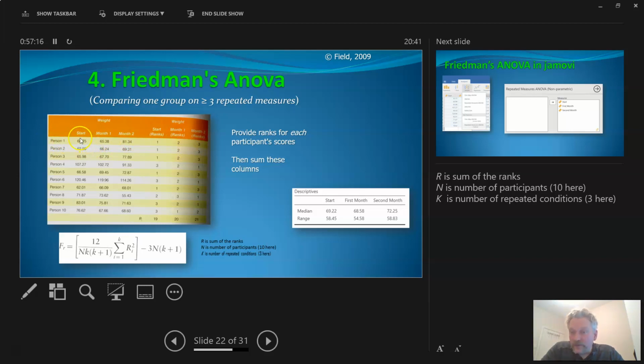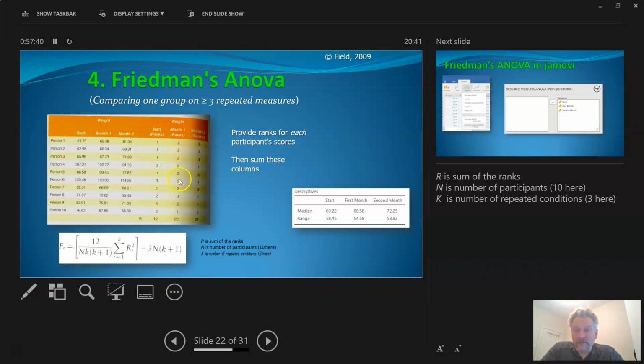For this first person, their weight at the start was the lowest, so that gets a rank of 1. Their weight at month 1 was the second lowest, so we'll put that as a rank of 2. And then on month 2 it went up, so we give that a rank of 3.